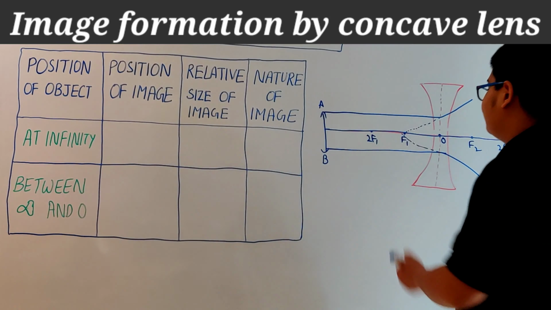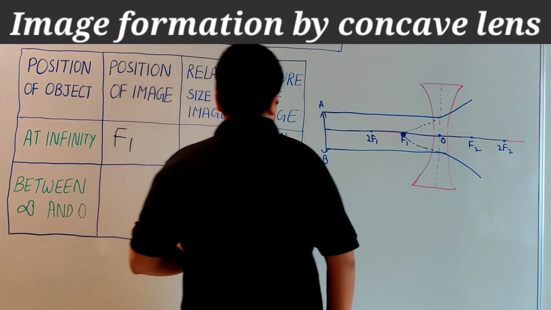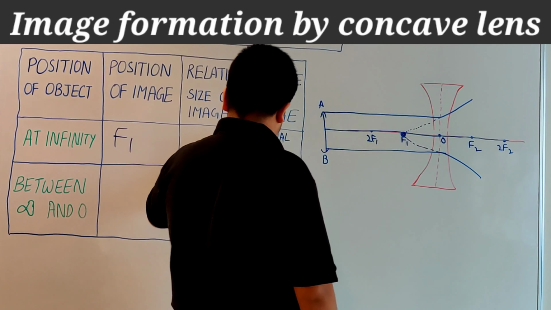But one important thing to note again is that this time the rays are only appearing to meet, they are not actually meeting. That's why the nature of image will be virtual, as rays are not actually meeting. Also, all virtual images are erect. And size of image will be again very point sized. So these are the properties of the image.